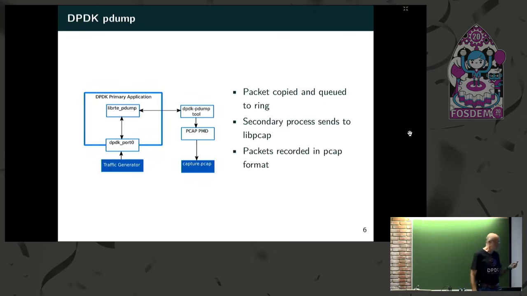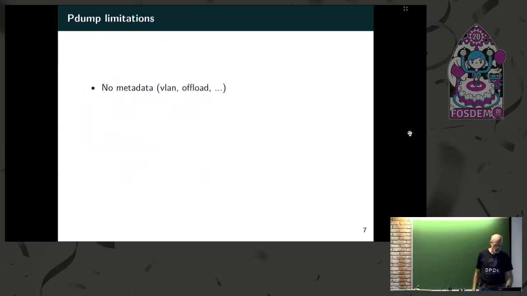The way it works is your application runs as the primary application, and you have a secondary application that shares a ring with the primary application and captures packets. The packets are output in PCAP format, and you put them somewhere.